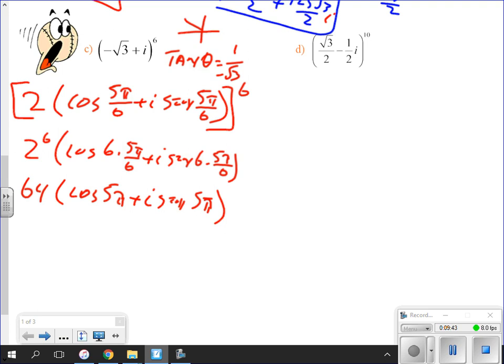And odd pi is out that way. We have 0, 1, 2, 3, 4, 5 pi. The cosine is -1 and the sine is 0. So I have -1 here and 0 for that, which means I get -64.